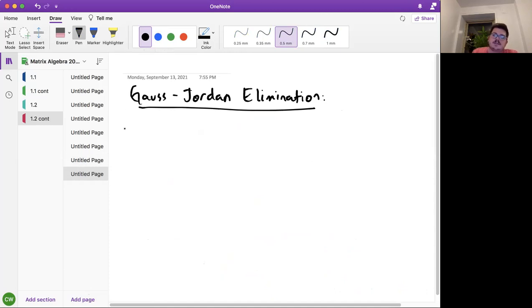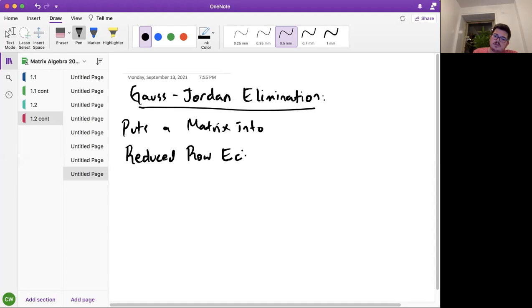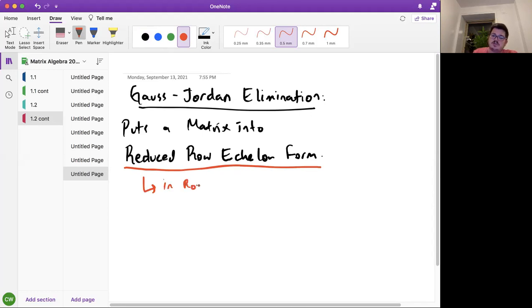What this does is put a matrix into what's called reduced row echelon form. And let's define that. Reduced row echelon form is row echelon form with some extra qualities.